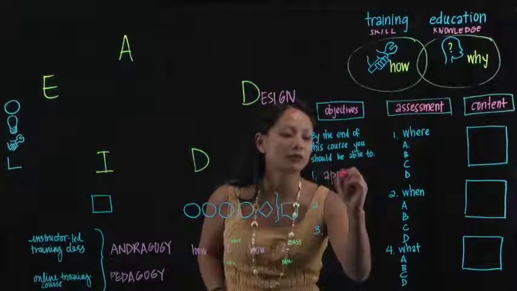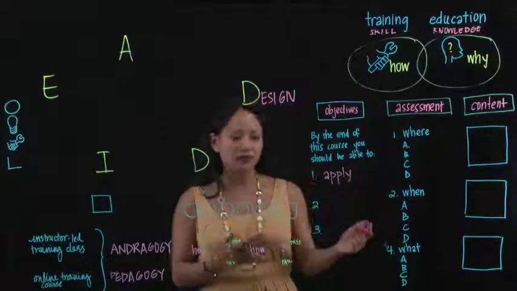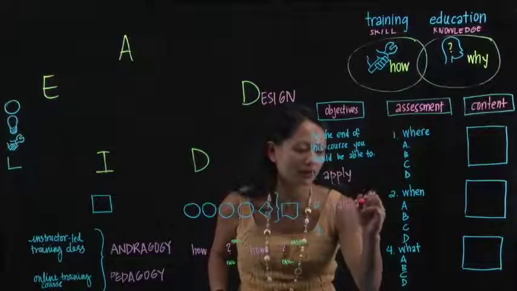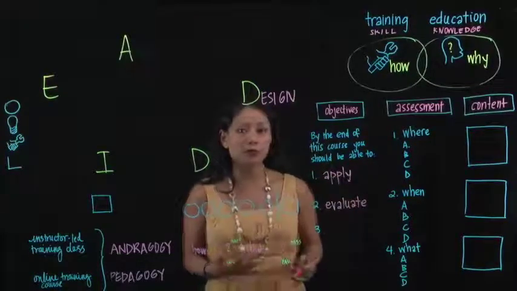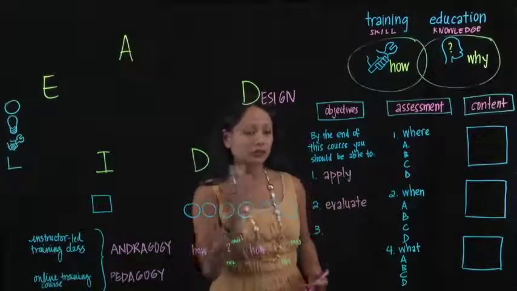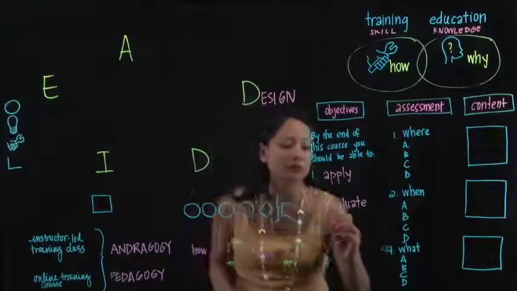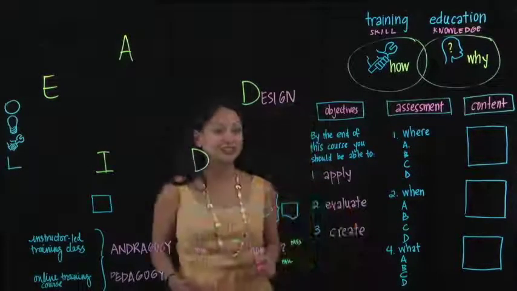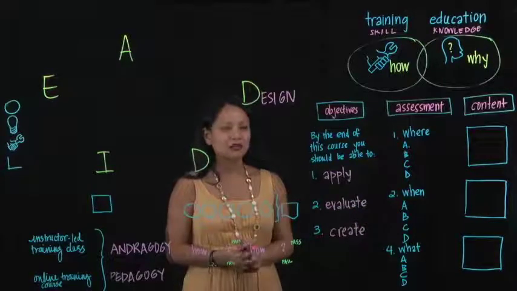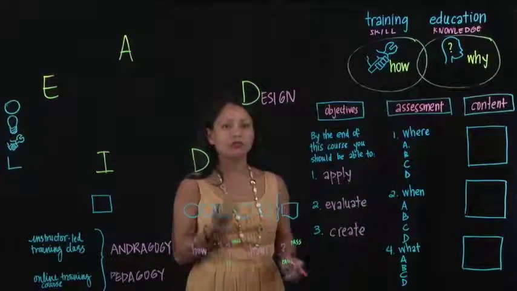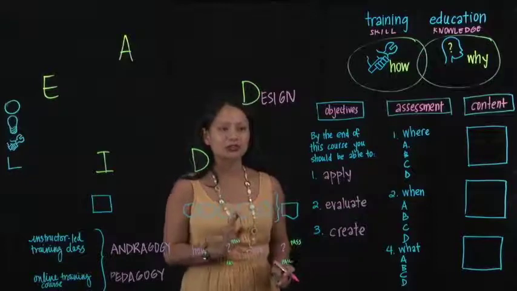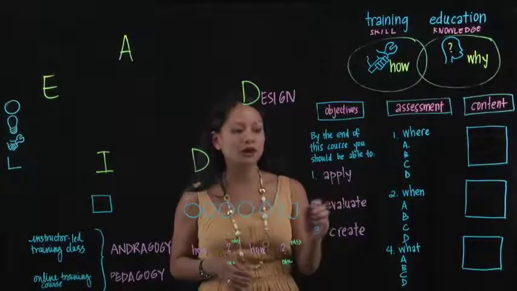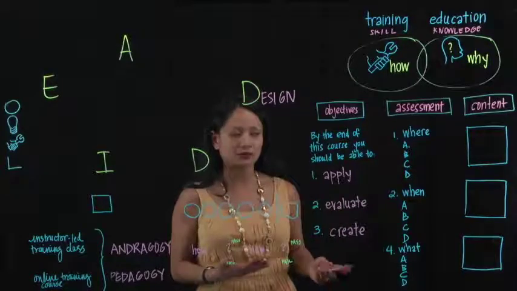By the end of this course, we want people to apply something, or evaluate another thing. Or perhaps by the end of the course, we want them not just to apply or evaluate, but to actually create something new or different. So when you create an objective, when you're trying to figure out your desired result, try to answer the question, by the end of this course, you should be able to apply, evaluate, or create something.